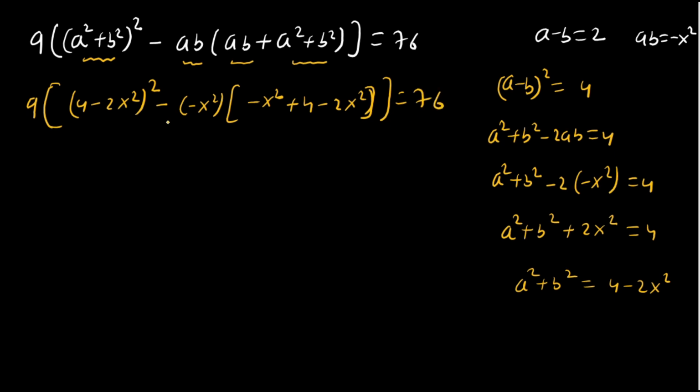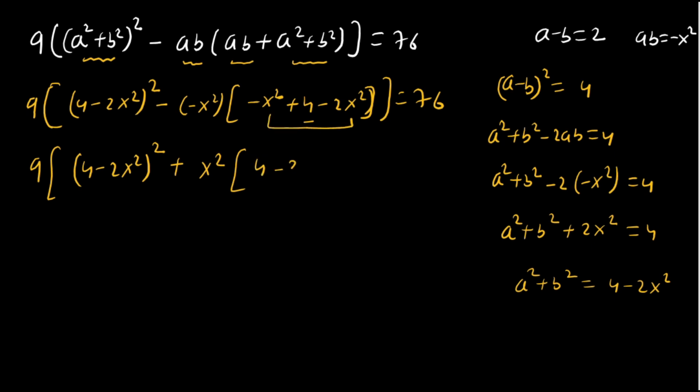Now here 9 times 4 minus 2x square bracket power 2, minus multiplied by minus x square, then we get plus x square, and here 4 and minus x square minus 2x square, that is minus 3x square, and this is equal to 76.